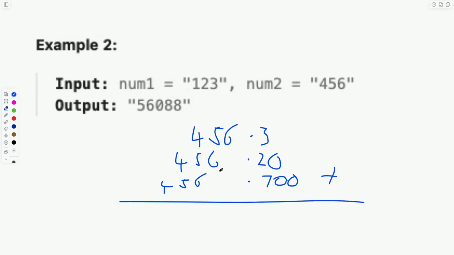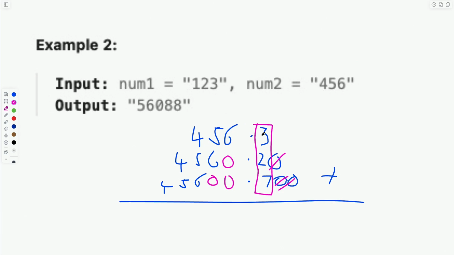Now, you can simplify this a little bit. You could just say, okay, I'm not going to write the zeros here. I'm going to add them right away, just a shift to the left. And now, suddenly, we have our digits from 1 to 3 written like so. So I'm thinking about breaking up this multiplication into single digit by number multiplication.